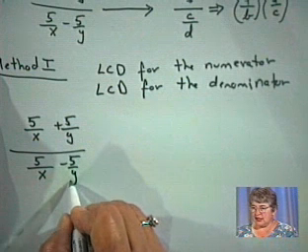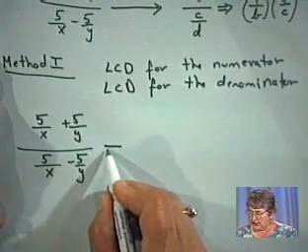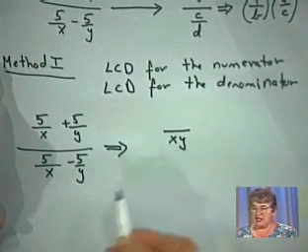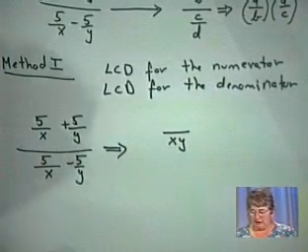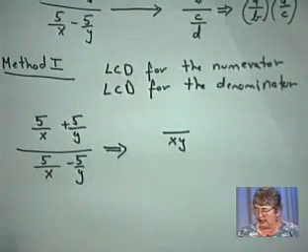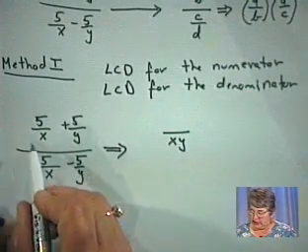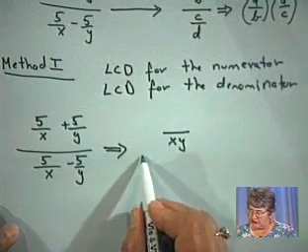Now, in this particular case, since they're simple denominators, if we multiply both of them, we will be fine. So for 5 over x, we're going to change that into a number that has a denominator of xy.